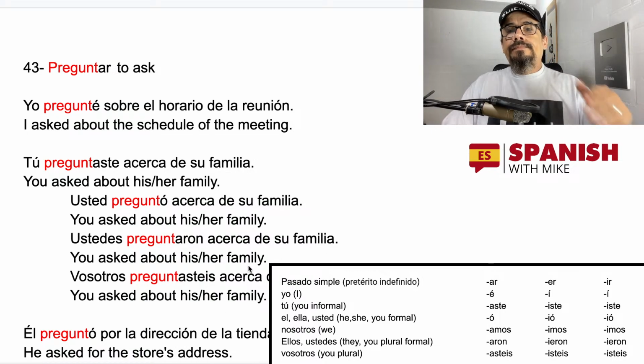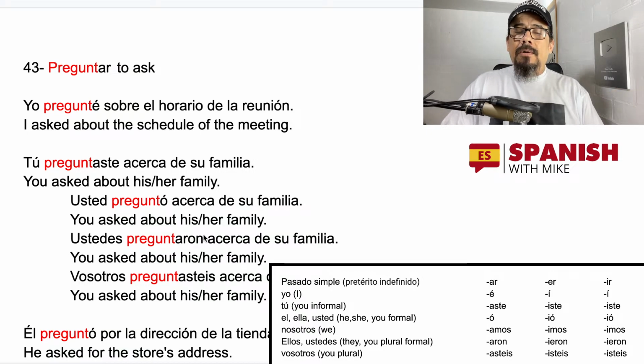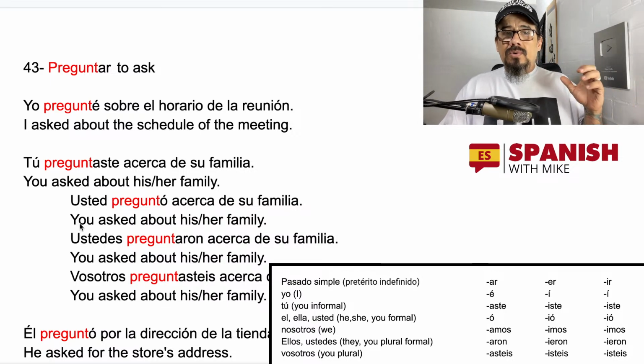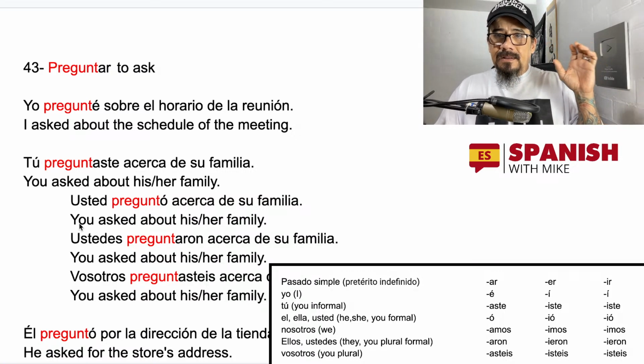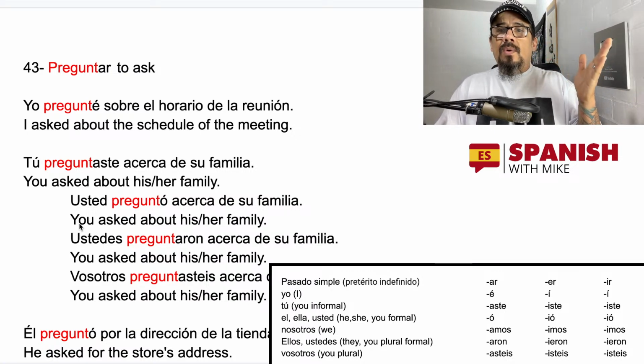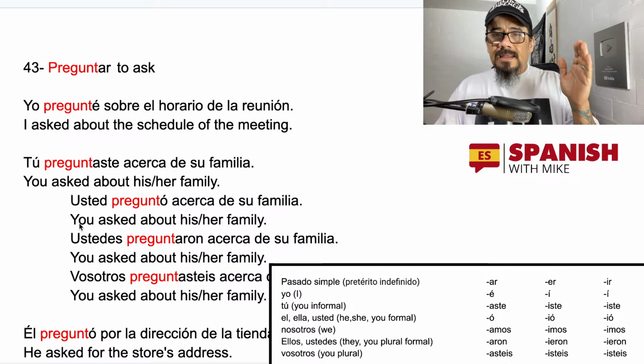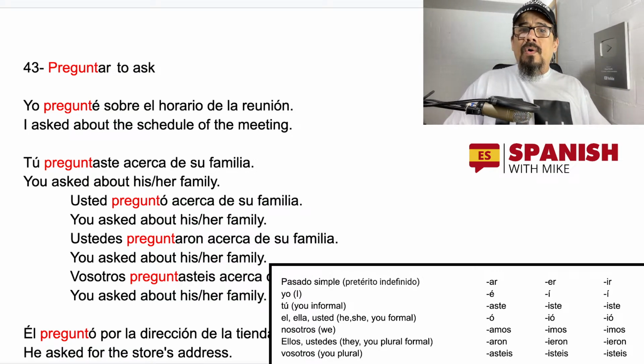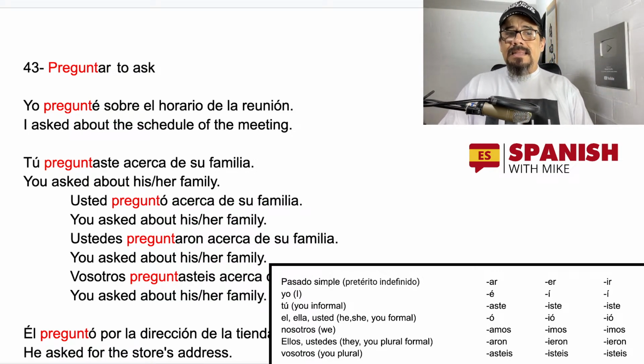So let's stop there. As I explained before, this is basic regular verb conjugation, because what we are doing is taking the verb in its infinitive form and replacing the ending depending on the rules on the table below for the simple past, pretérito indefinido.